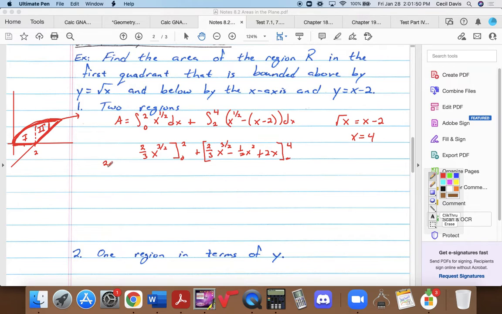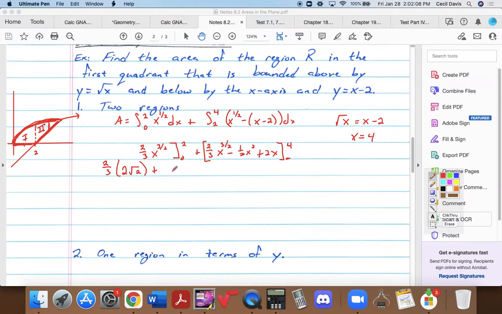So this is going to be 2/3 of, that's the square root of 2 cubed. So that's 2 square roots of 2, because it's the square root of 2 times the square root of 2 times the square root of 2.